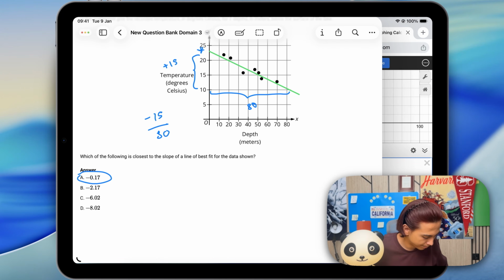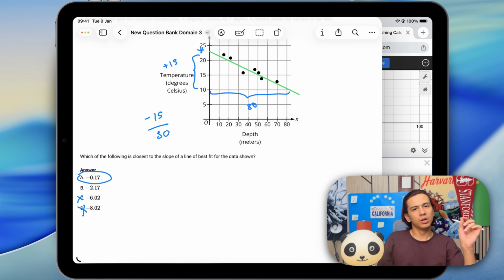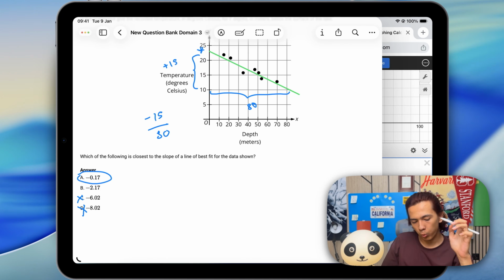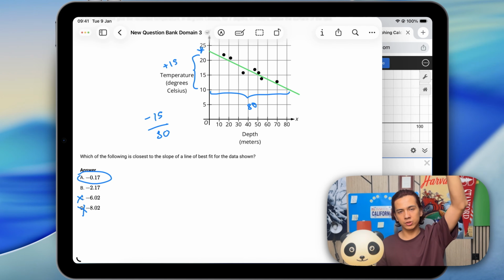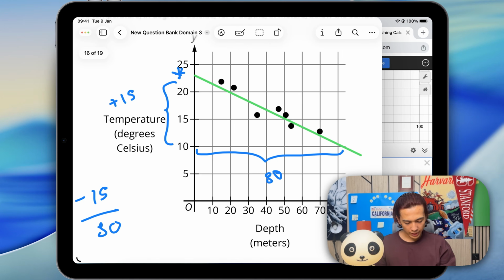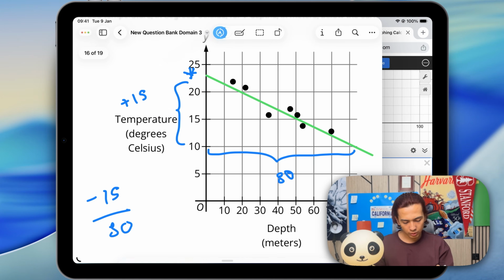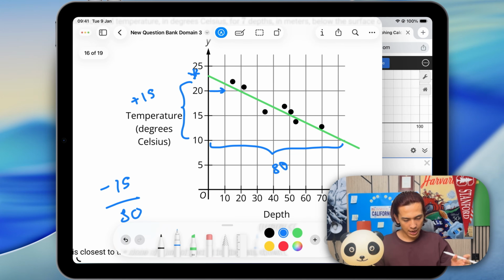The thing is, I can for sure cross out options C and D because they're too large. What C and D are saying is that when x increases by 1, y is decreasing by 6 or by 8. No. When x increased by 10, y barely decreased at all. Here, x increased from 0 to 10, and y decreased by like 3, 4. It's not that much.